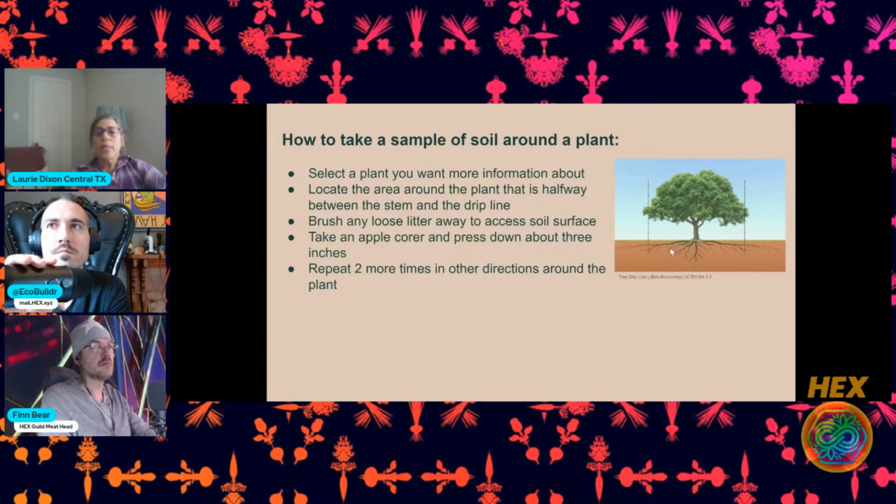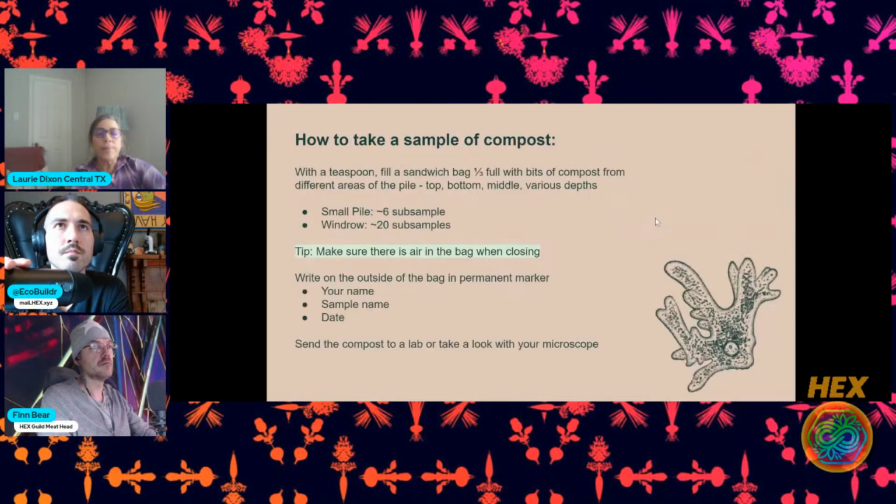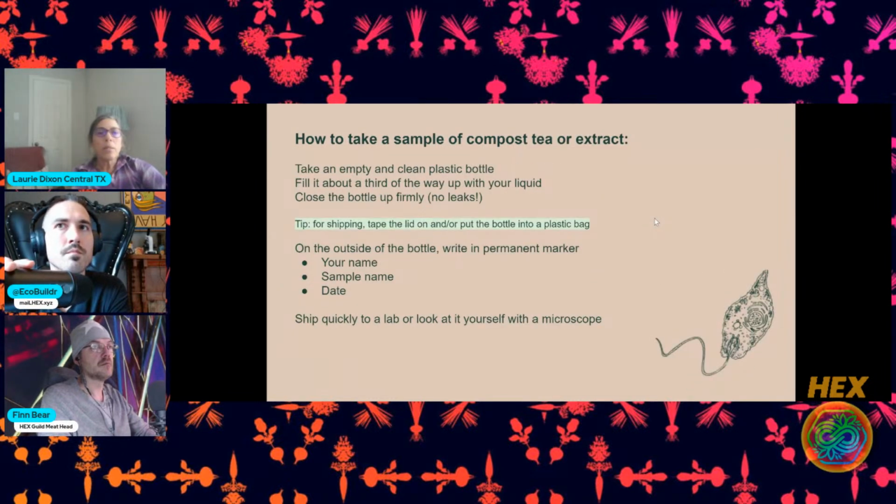And we're going to take at least 3 samples. We're going to put that apple core into the soil. You kind of rotate it back and forth, get a good 3-inch core, put it in a little baggie, and take 2 more cores and mix that all in the bag.